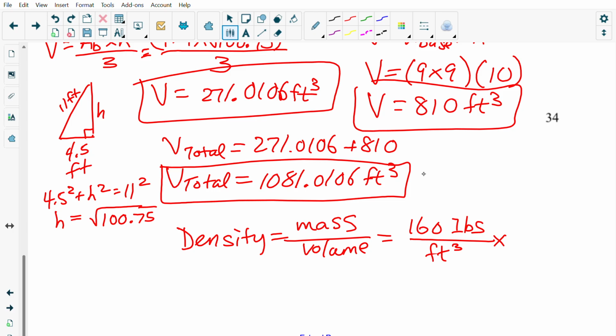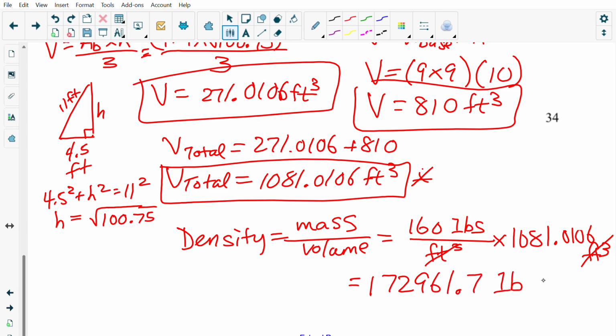And if I multiply it by this value here, 1081.0106 cubic feet, I'm going to have the cubic feet values cancel out, and I can find the total mass of the marble in the monument, and I get, rounded to the nearest 10, 172,961.7 pounds.